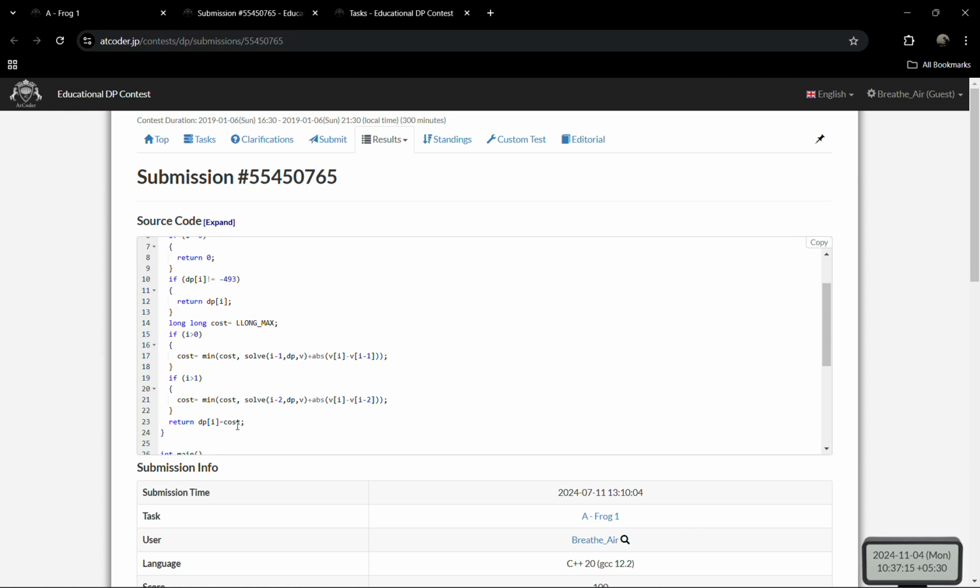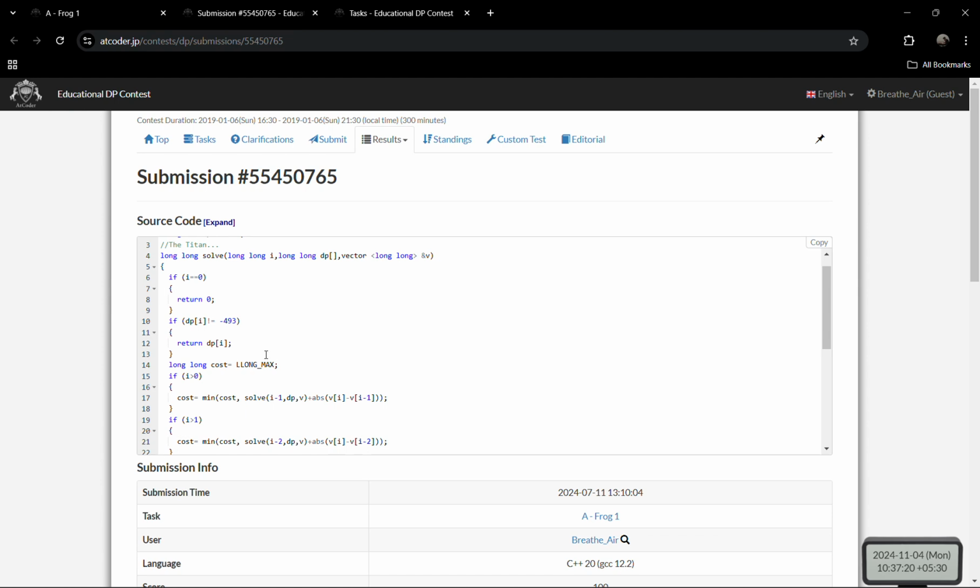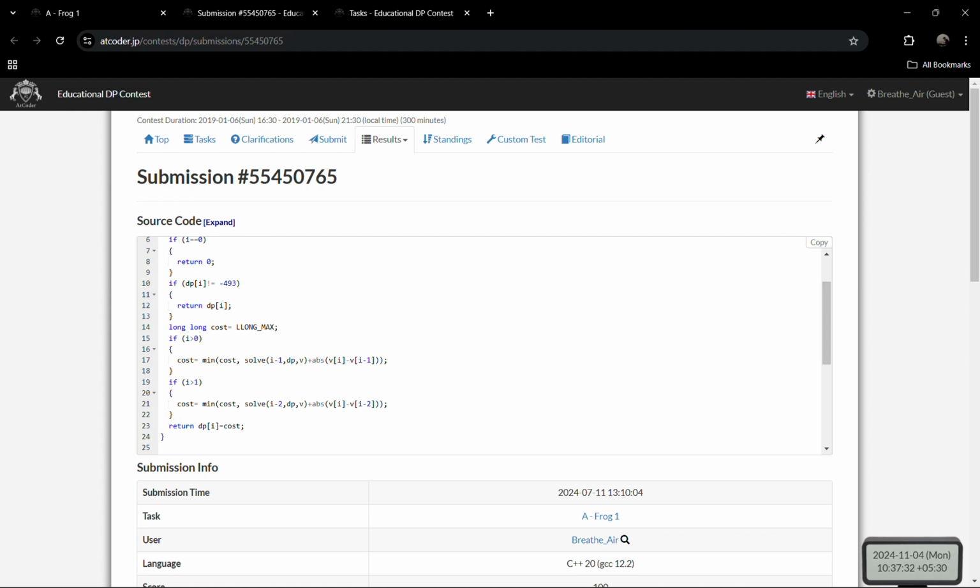So we will return directly dp of i. If it is not calculated, it will surpass both of these criteria and come here. So long cost is equal to LLONG_MAX, the max value that a long integer can take.